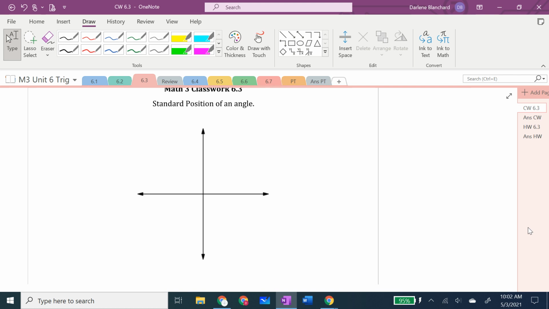Okay, we are going to push away a little bit from those right triangles, and we are going to get very circular. The things that you need to know are a choice had to be made about what was going to be the zero angle. I'm going to draw some rays coming out of the origin.